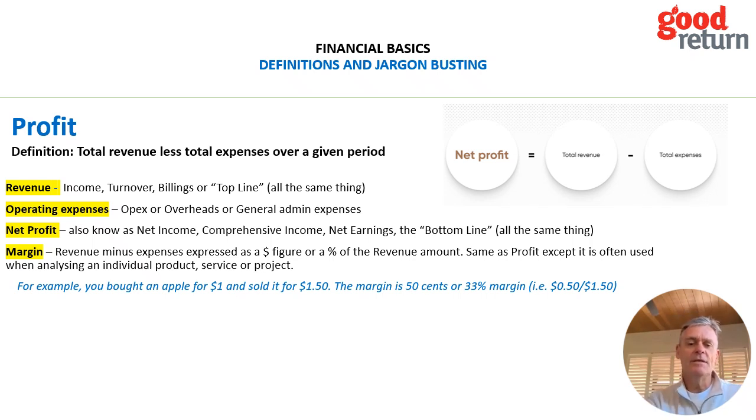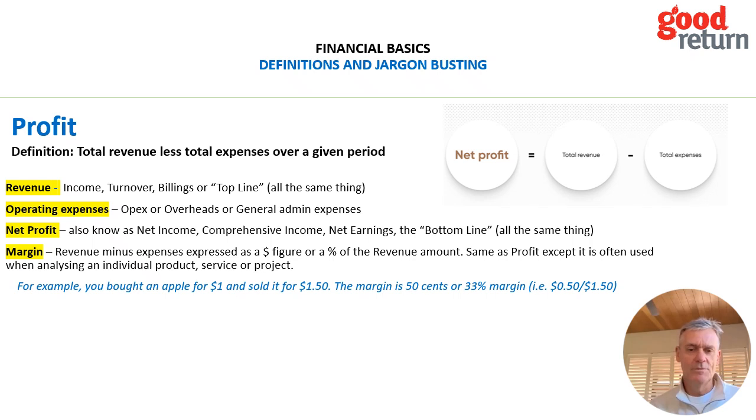The other term that's sometimes used for profit in relation to individual projects or products or services is the term margin. And margin is the same thing as profit, so it's revenue less the expenses, but it's often expressed as a percentage of the revenue that generated that profit. So the example I'm giving you there is, say you bought an apple from a supplier for $1 and you had a fruit stall and you sold that apple for $1.50.